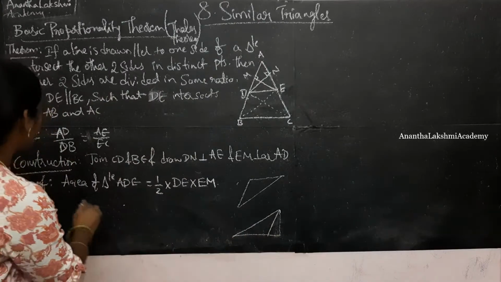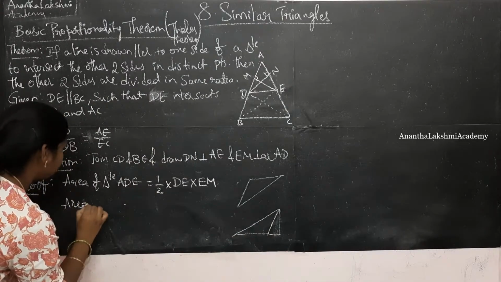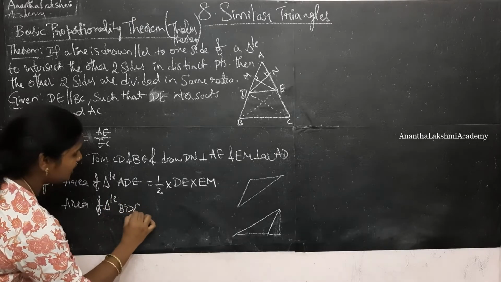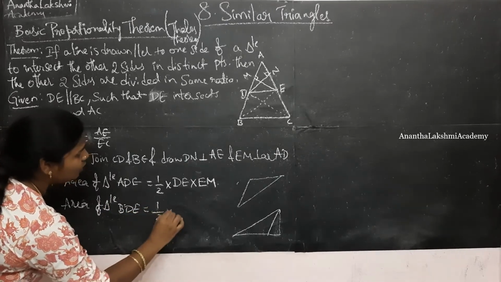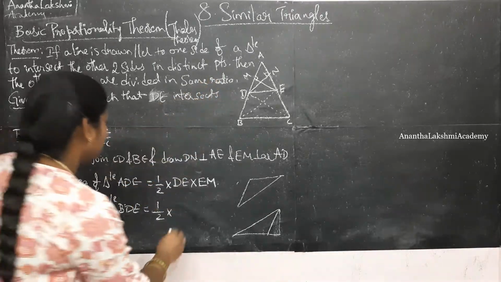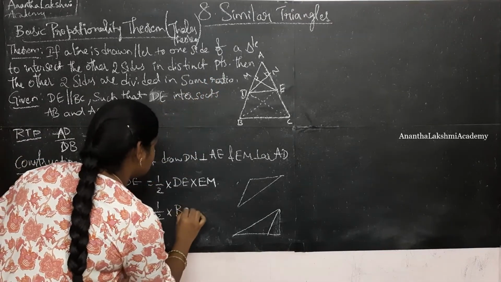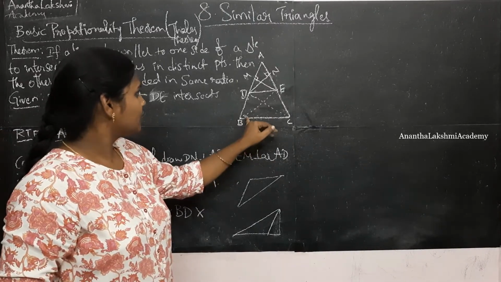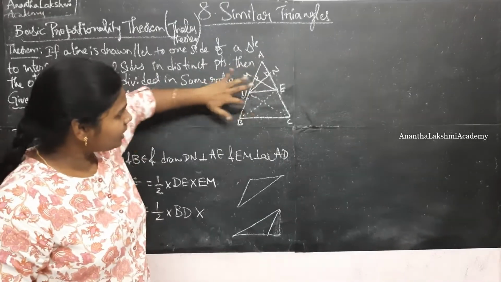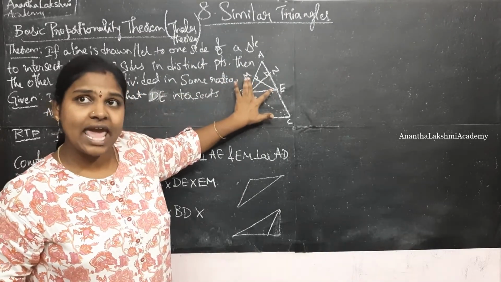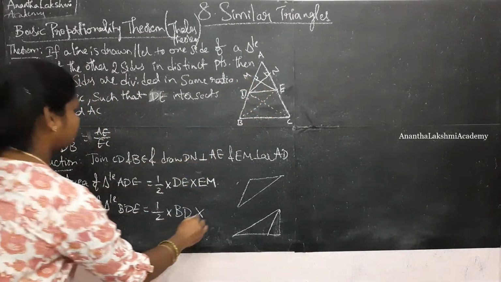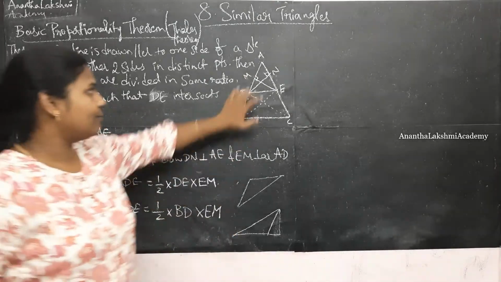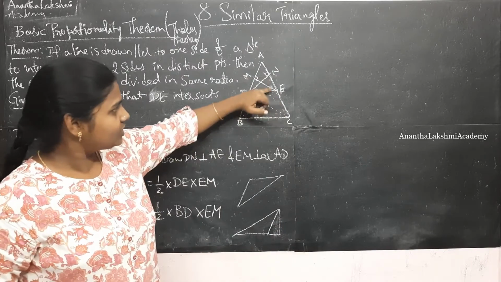So area of triangle BDE is equal to half into, what is the base? BD into height is nothing but, I told you, right, this is an obtuse angle and hence I am going with EM. Okay, EM, the height is outside the triangle.